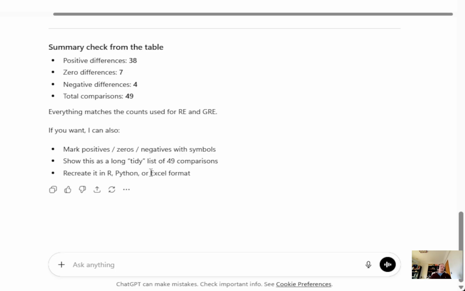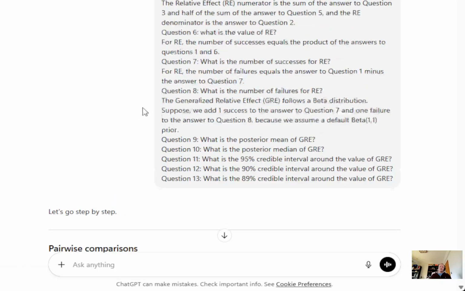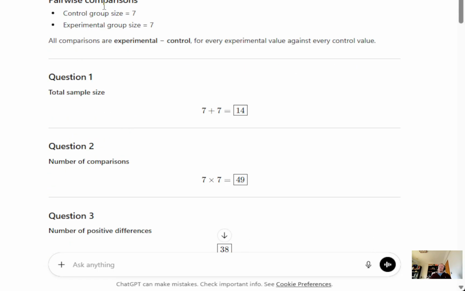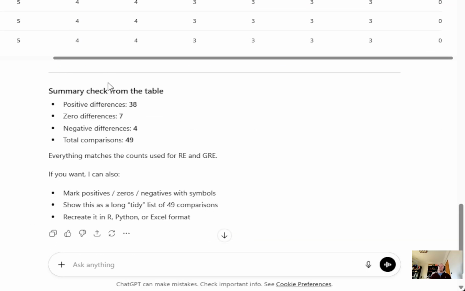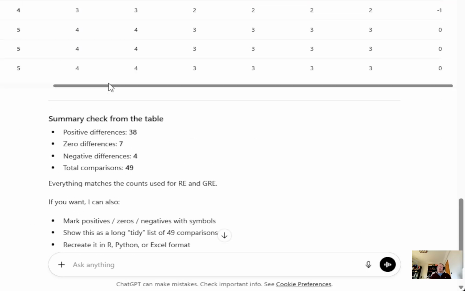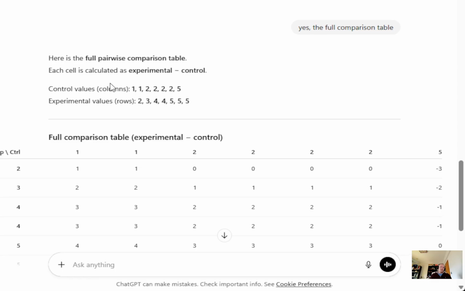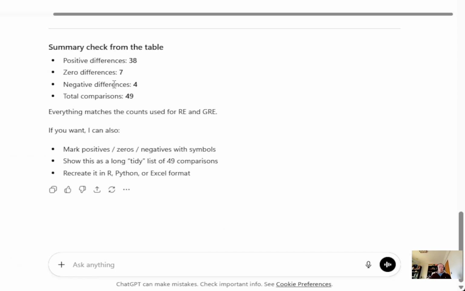Always test it. In any case, when you develop a language prompt for something like this, or for a parametric statistic, always cross-check it with a known package, either a package in R, or Jamovi, or Stata, or a program that is known to provide the correct solution, before you just blindly trust ChatGPT. As I showed in another video, ChatGPT can make mistakes, and it also says that here below.